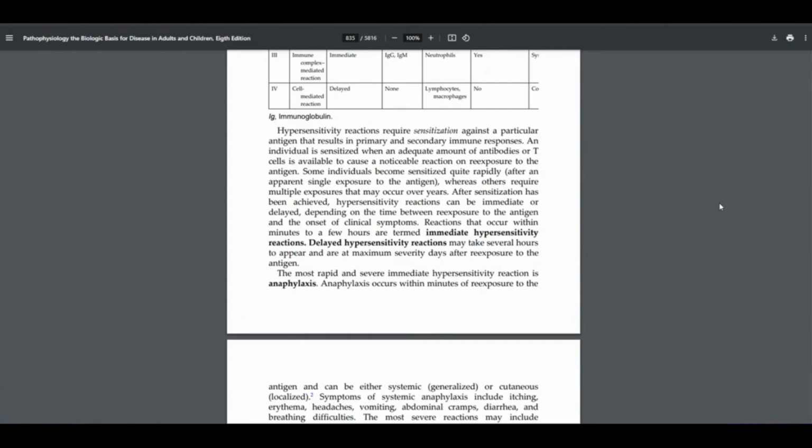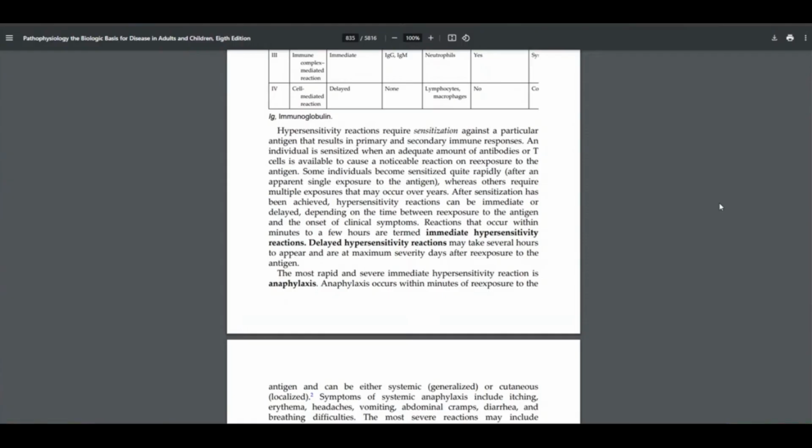Some individuals become sensitized quite rapidly after an apparent single exposure to the antigen, while others require multiple exposures that may occur over years. After sensitization has been achieved, a hypersensitivity reaction can be immediate or delayed depending on the time between re-exposure to the antigen and the onset of clinical symptoms.